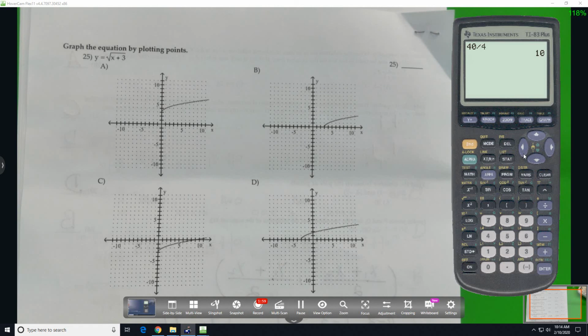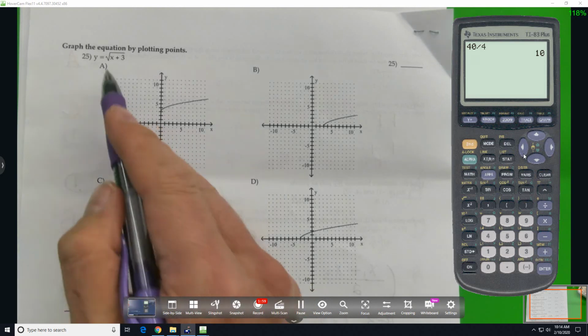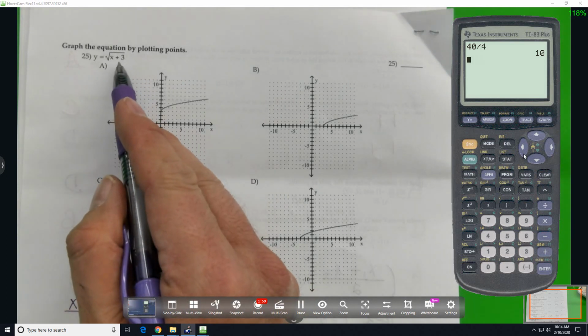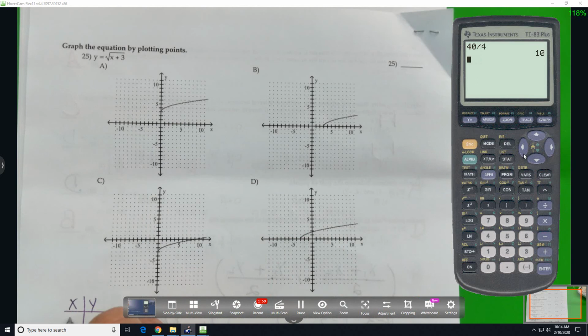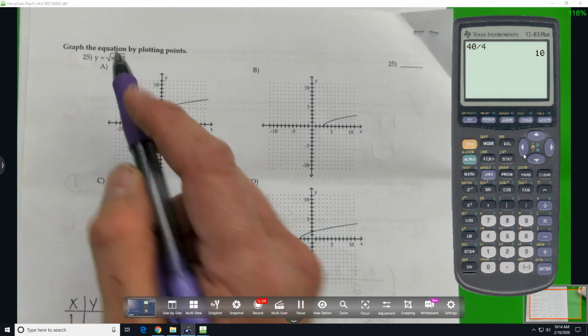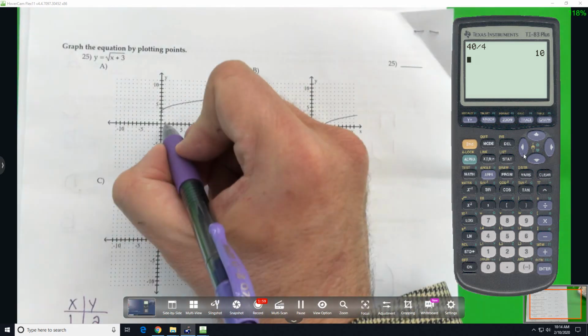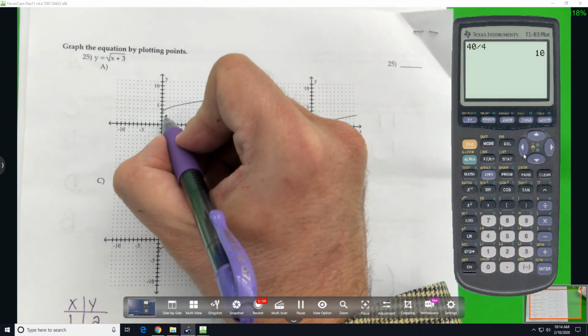Make sure you're getting real numbers. But if I made an XY table, let's see, if I put like a 0 in, I'd wind up with a decimal number. Square root of 3. What if I put in a 1? 1 plus 3 is 4. What's the y value there? 2.